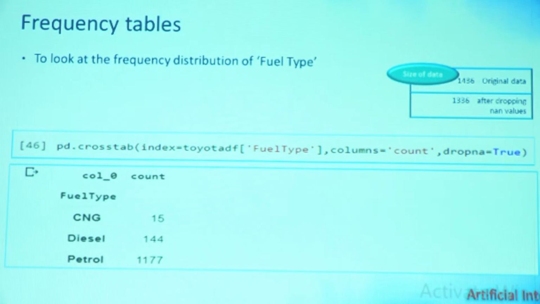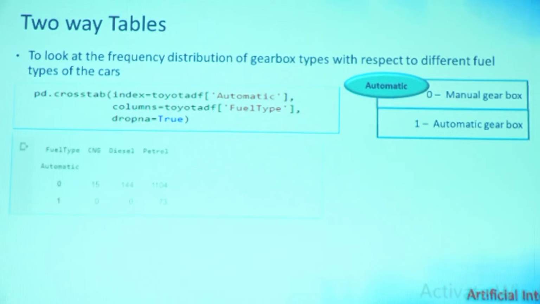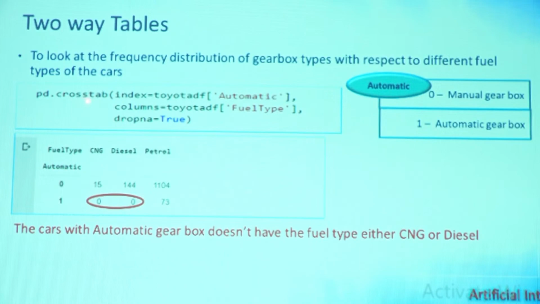Now, second, guys, if I want to know a two-way table, then what am I doing here? I am using the same crosstab function. I am giving index as automatic and I am using column as fuel type. So that gives me what? Which cars have got a manual gearbox and what is the model? How many cars have got diesel as a model and a manual gearbox in your data set?